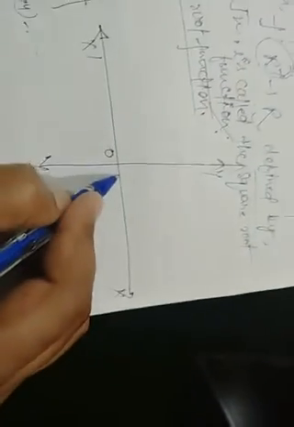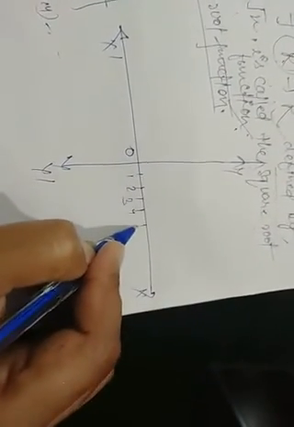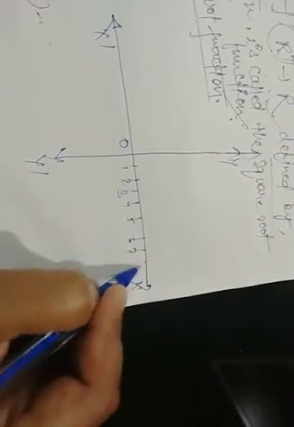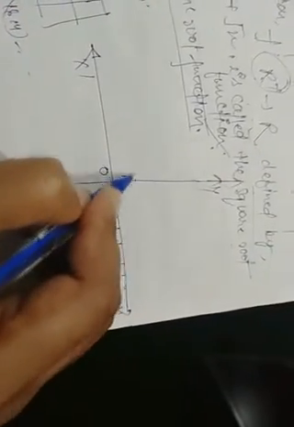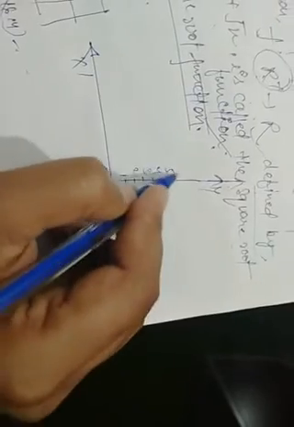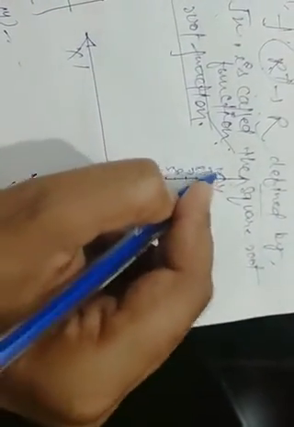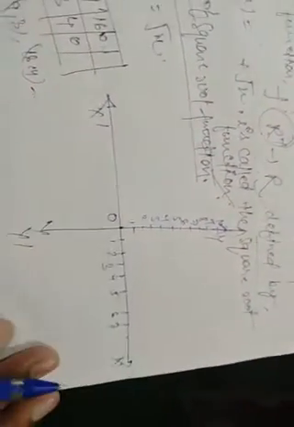If we make the points on the lines, let's see. 1 2 3 4 5 6 7 and so on, here 1 2 3 4 5 6 7 8 9 10 and so on, and that is 0.